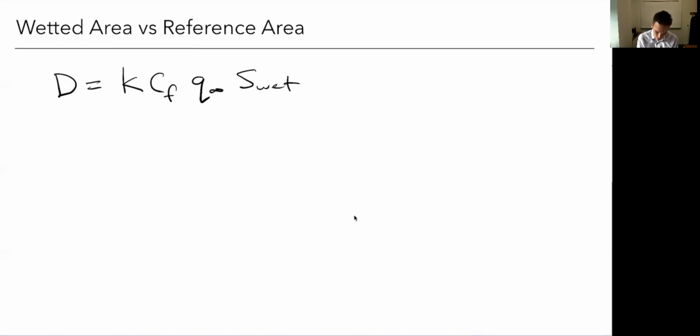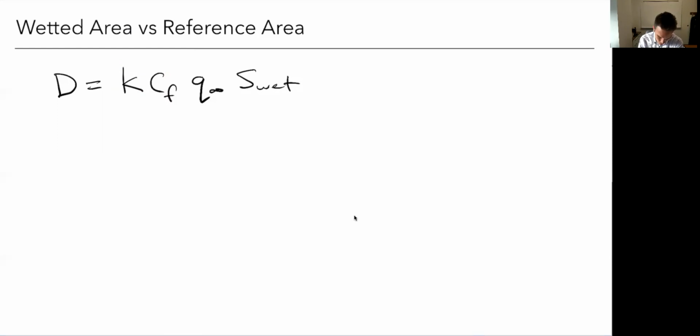So again, this is entirely skin friction. This is a correction that adds a pressure component to it. We're assuming, again, thin aerodynamic geometries that don't have a lot of pressure drag. So there's a small correction that accounts for that increase.